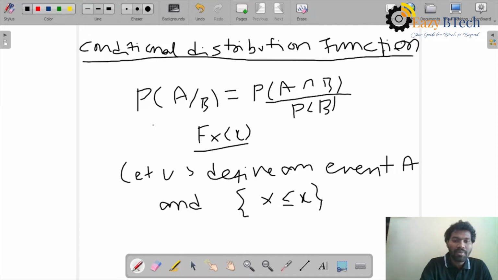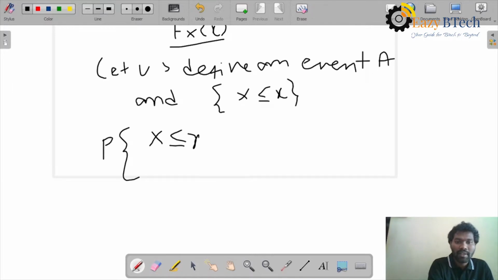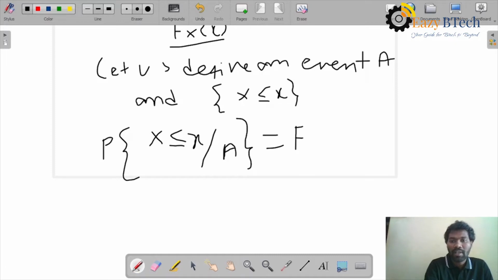Now the conditional probability is written like this: P of X less than or equal to x given the event A is called the conditional distribution function and is represented like this: Fx of x given A.